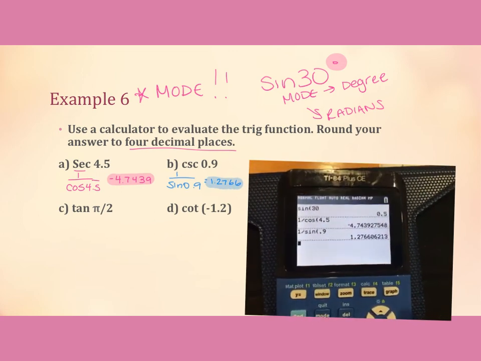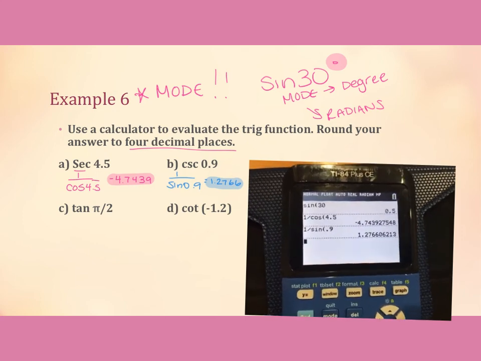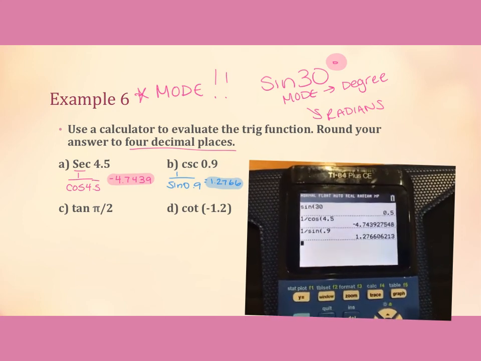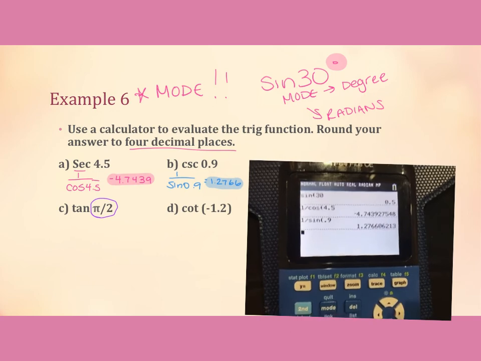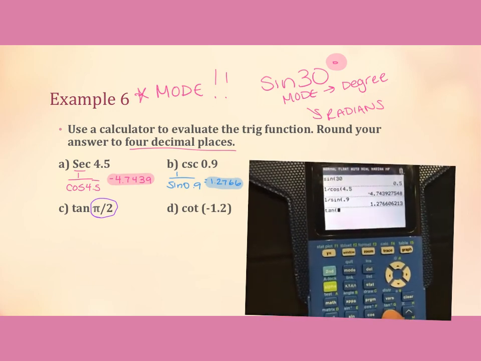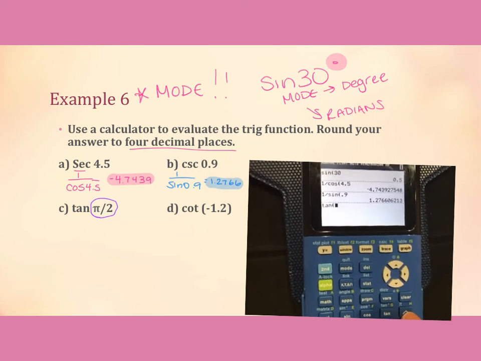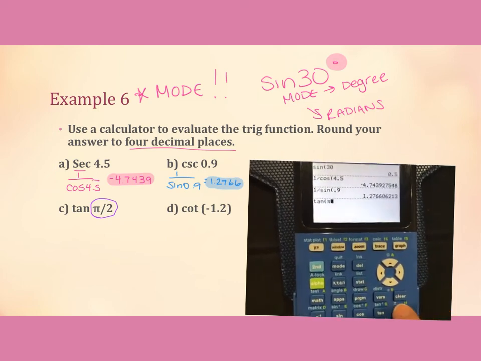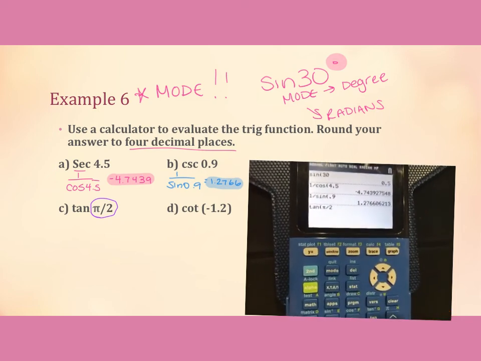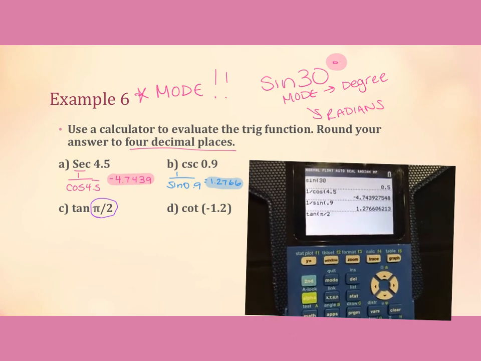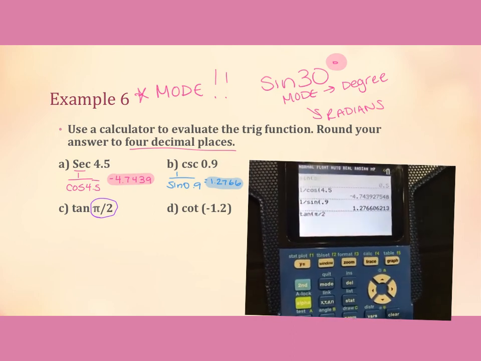I go to C, which is still in radians, tangent. This time I have the button. I have to use pi though. So when I click tangent, pi is above the caret, so I do second pi divided by 2. You don't ever want to do 3.14. You want to find the pi button.